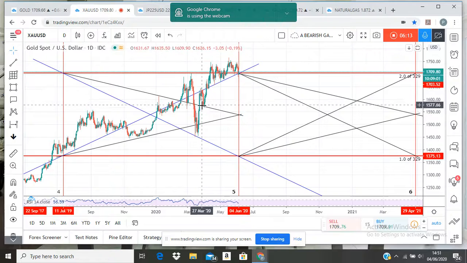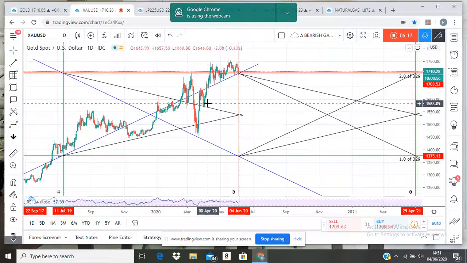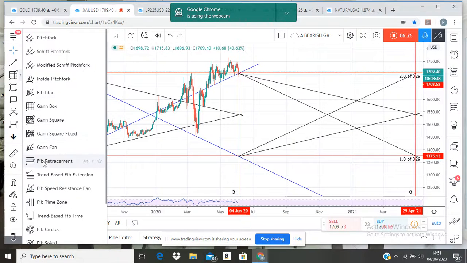Here we can see that this 1 by 2 angle was the resistance, was the support here. It was also on the support here. There are other angles we can draw. We can draw the fib.